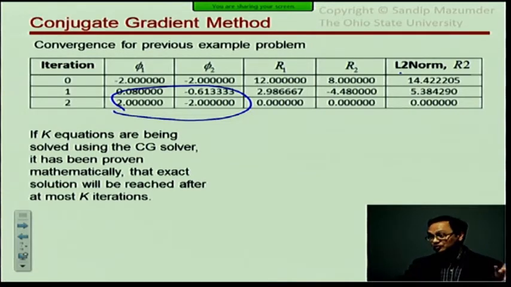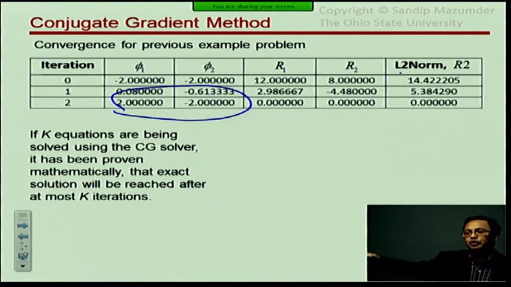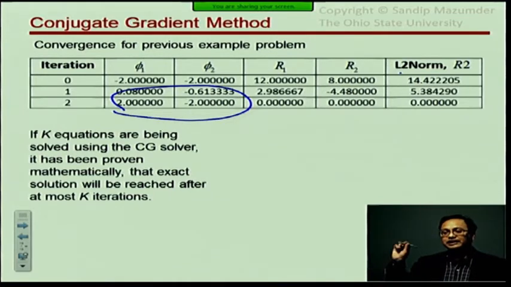Now, on a computer, that doesn't happen usually because it has floating point or precision errors. But if you did exact mathematics, okay, treat all the rational numbers as rational numbers, work with fractions, this is guaranteed. Now, of course, you might say, well, if I have a system of million equations, I don't want to do million iterations. Okay, true. We don't want exact solutions. We only go up to a certain tolerance and stop anyway.